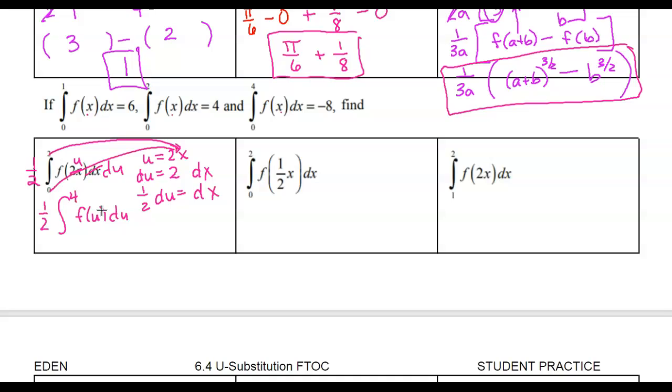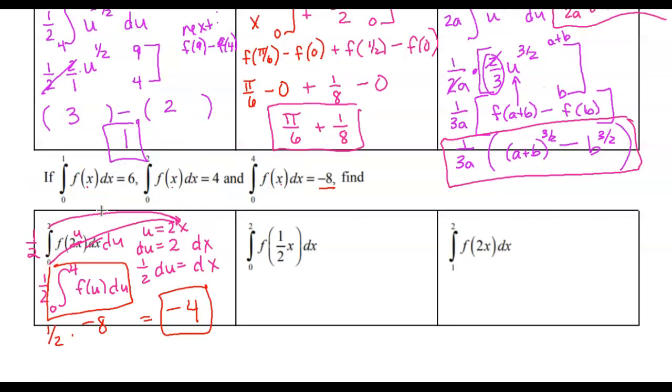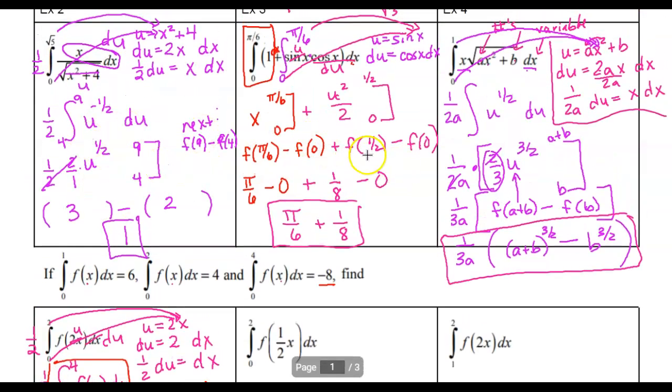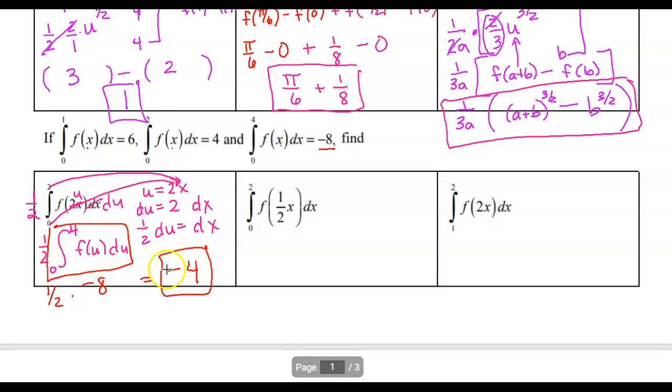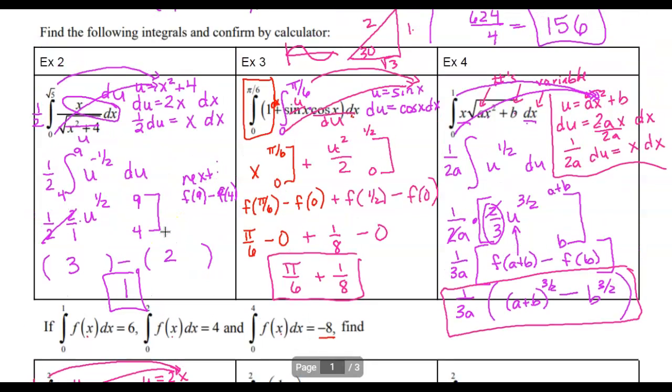If x is 0, u is 0. And so I know this by substitution. So 1/2 of -8 is equal to -4. It really will work out mathematically to be equivalent. And that's kind of what we showed up here. Okay, so that's why if you are struggling before why it works, this was really the idea.